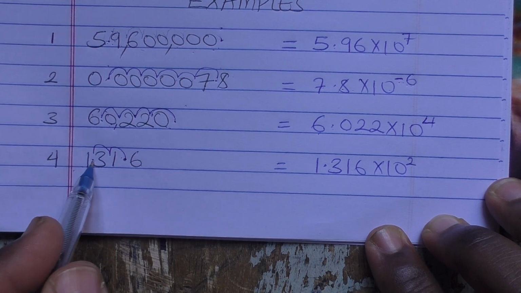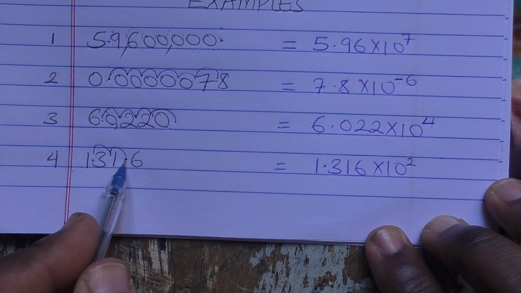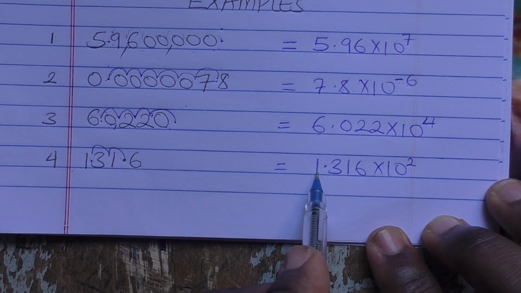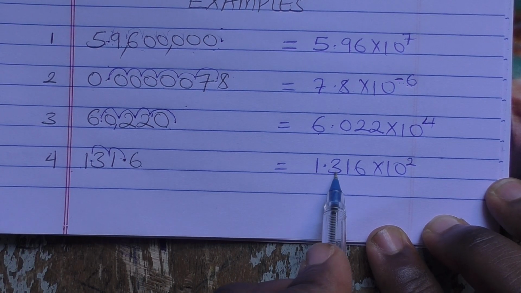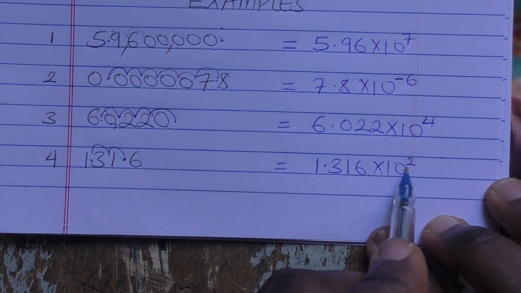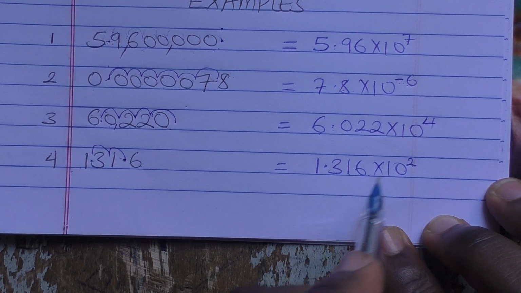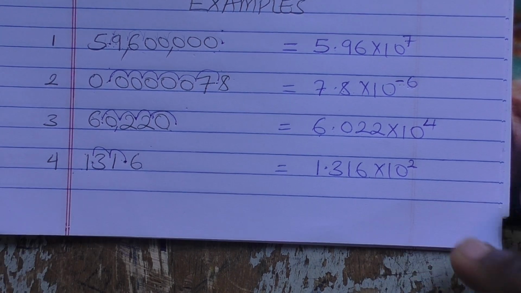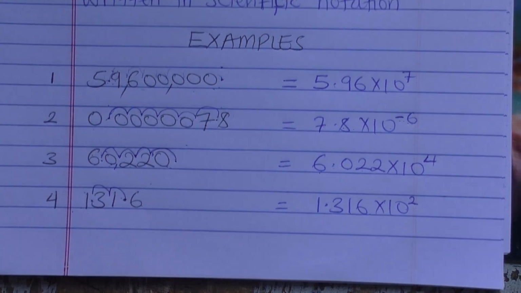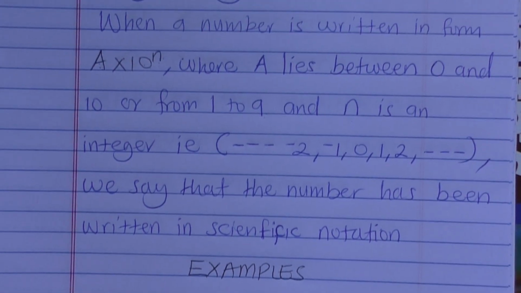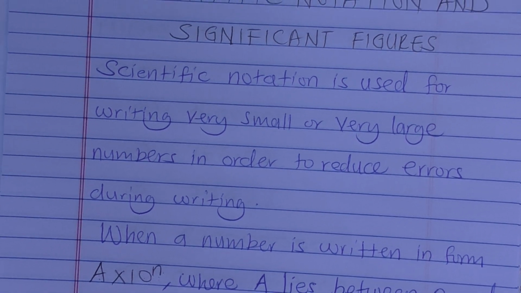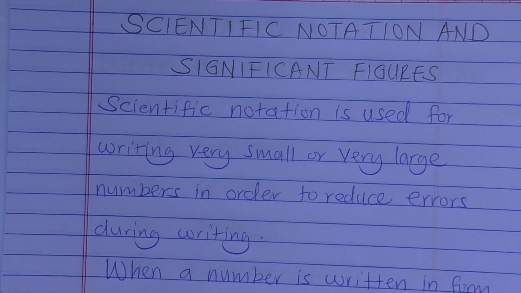And we have displaced the point to a new position. Therefore, we shall have 1.316 times 10 power 2. It is positive because we are moving from right to left. So that is how we change numbers to scientific form.